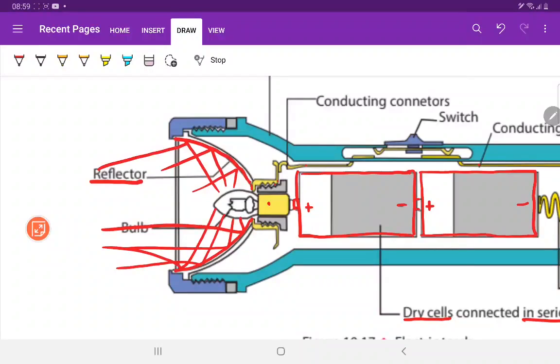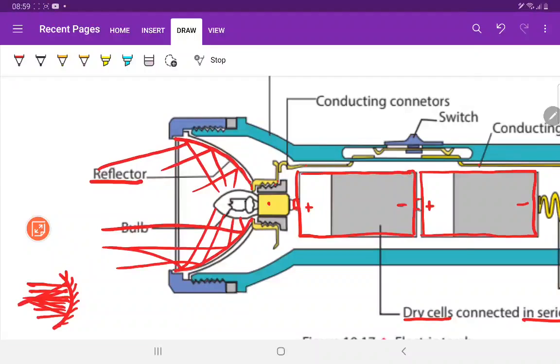Can you remember the concave mirror? We have studied the concave mirror. The light which falls on the concave mirror will be collected to a spot. Can you remember?